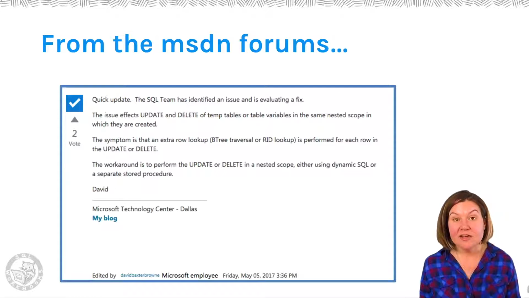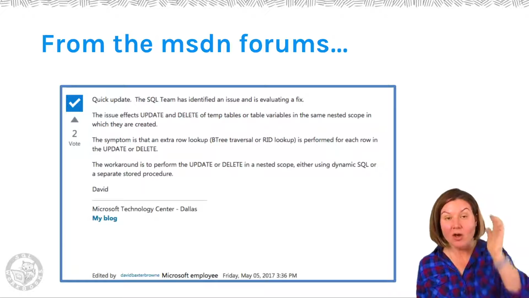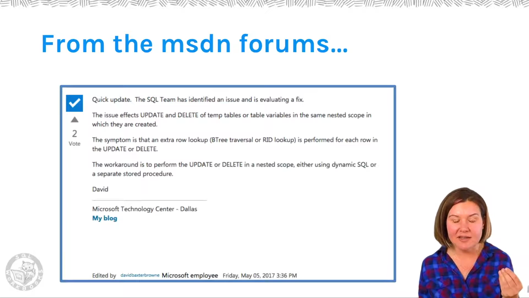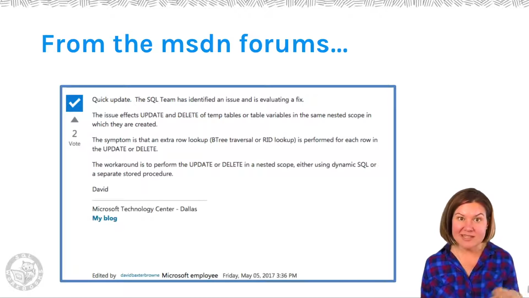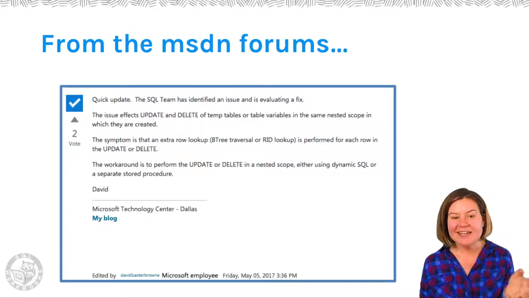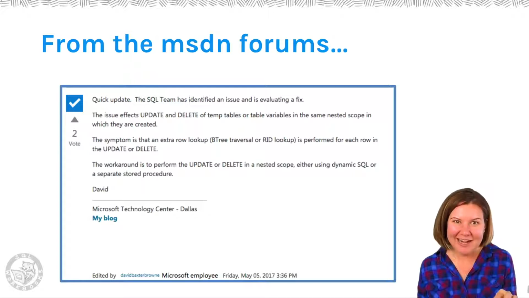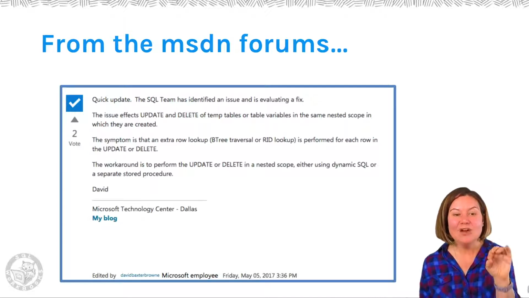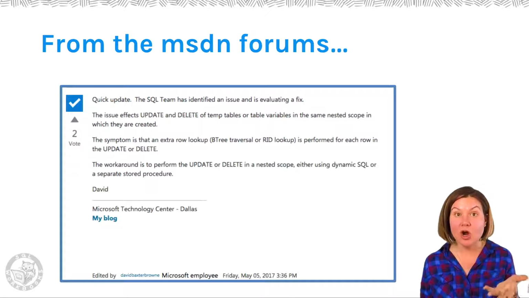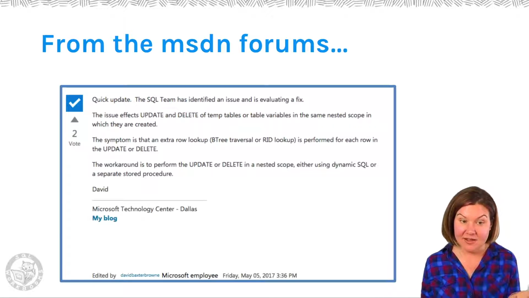In fact, the folks who gave me this question and said, hey, do you know anything about this? They also pursued other avenues, and on MSDN forums, they were chatting about this and did get confirmation from a Microsoft employee that, yeah, this doesn't look right. This doesn't look good. We have identified an issue and are evaluating a fix.